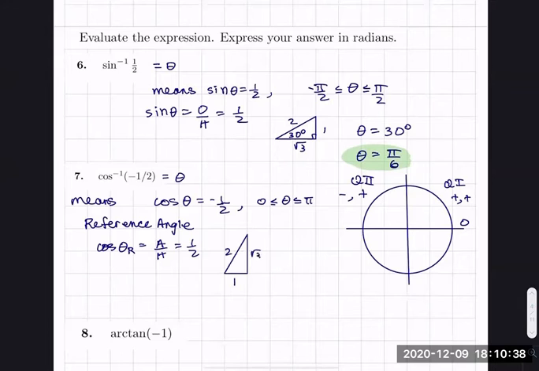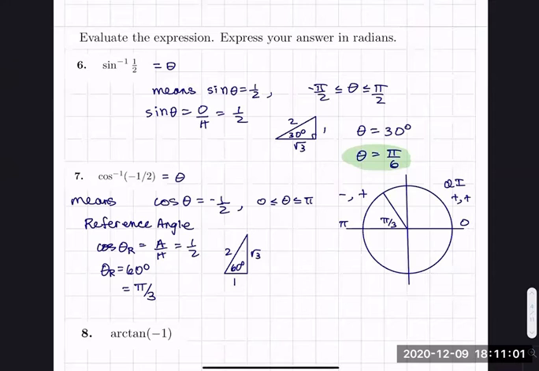So then opposite is root 3, and that corresponds to 60 degrees. So theta reference is 60 degrees, which is also pi over 3. Here's pi, and if I back up by 60 degrees or by pi over 3, I get my answer of 2/3 pi. Only one answer, not 2 answers or 3 or anything like that. So the answer is 2/3 pi.